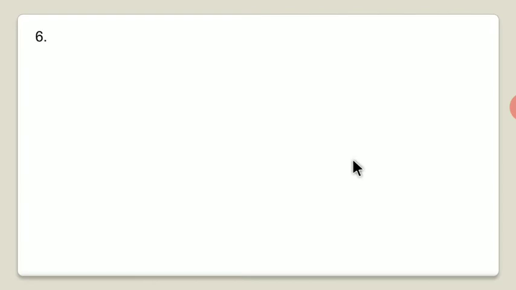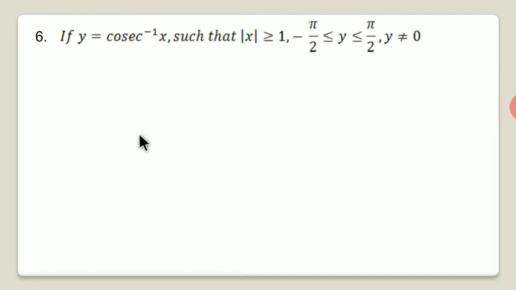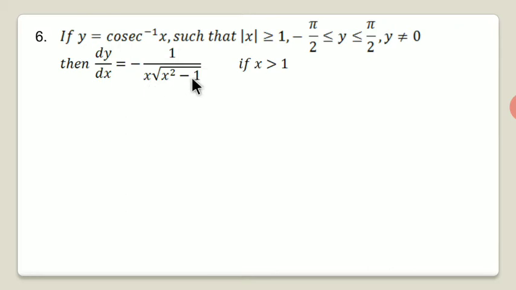Now our last proof is here that we have to do for homework. If y is equal to cosec inverse x such that mod x is greater than equal to 1, minus pi by 2 less than equal to y less than equal to pi by 2, y is not equal to 0, then dy by dx is equal to minus 1 upon x into square root x square minus 1 if x is greater than 1, and it is equal to 1 upon x into square root of x square minus 1 if x is less than minus 1.